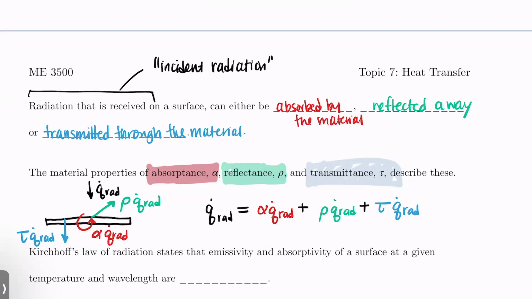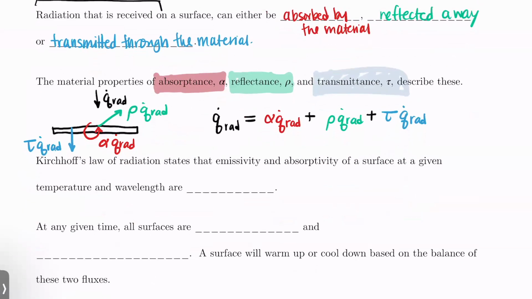Kirchhoff's law of radiation states that emissivity and absorptivity of a surface at a given temperature and wavelength are equal, which means alpha equals epsilon.